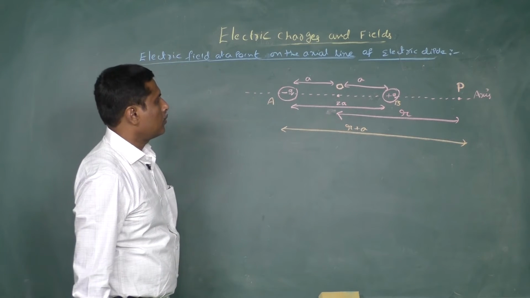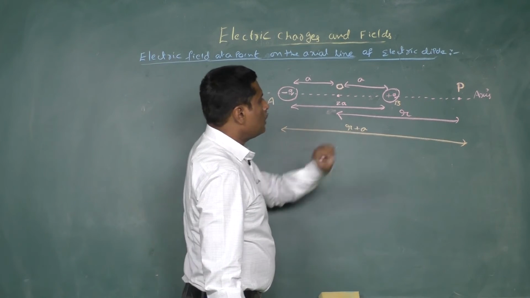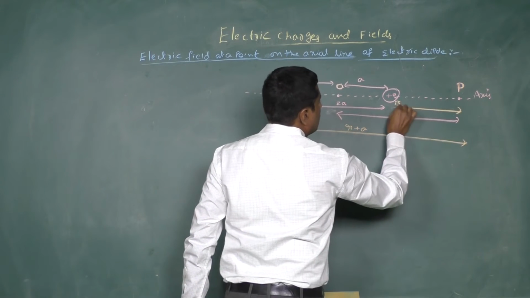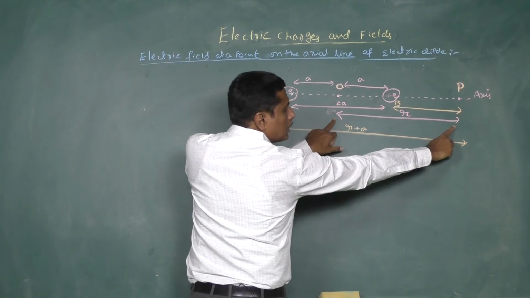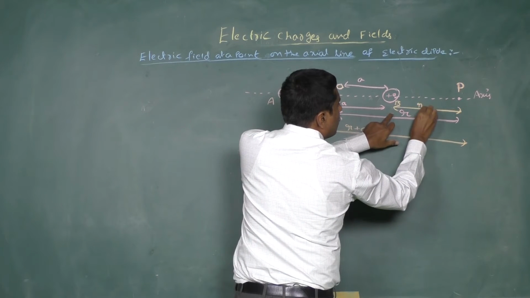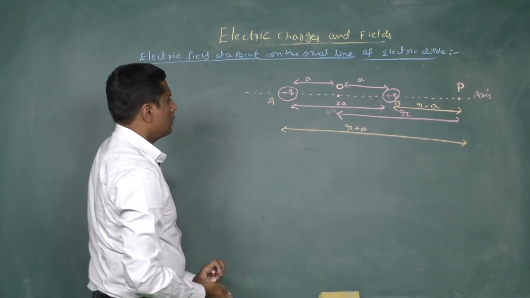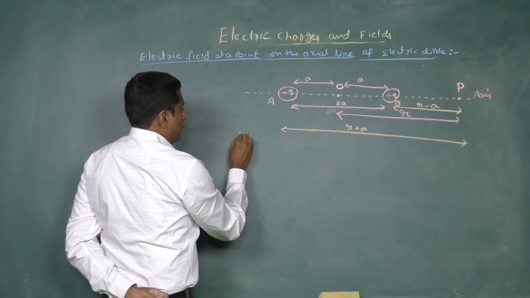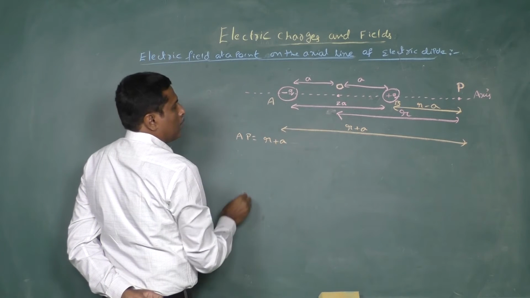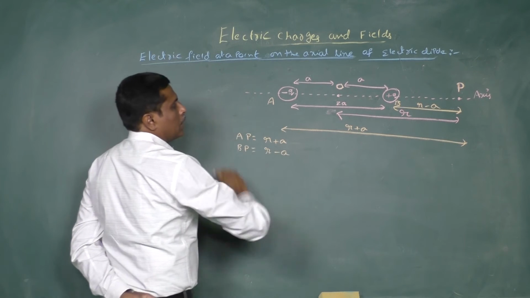Now, the distance of P from plus Q: this whole distance is r, the small distance is a, so this distance becomes r minus a. So AP is equal to r plus a and BP is equal to r minus a.